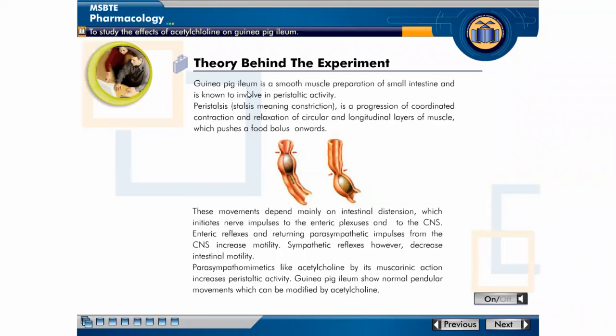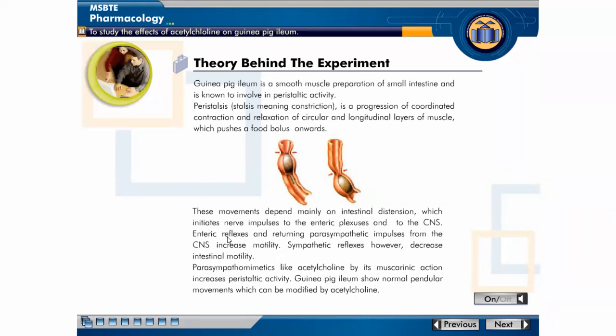Then next you have to write that during peristalsis movement there is a chance to generate enteric reflexes, that is, nerve impulses generated, and these nerve impulses increase the peristaltic movement when they are transported from CNS to parasympathetic nerve fiber.